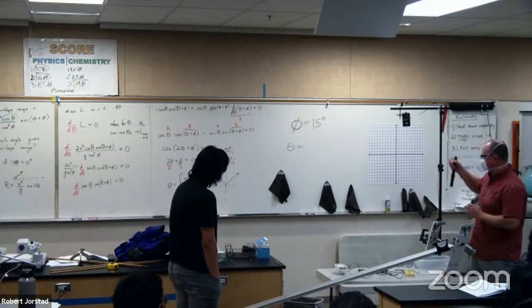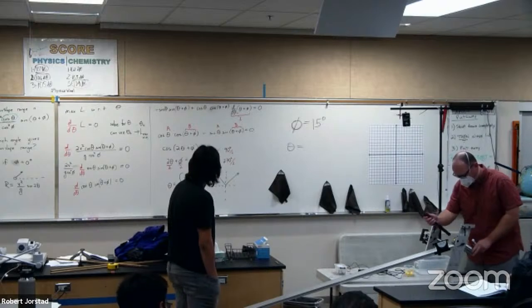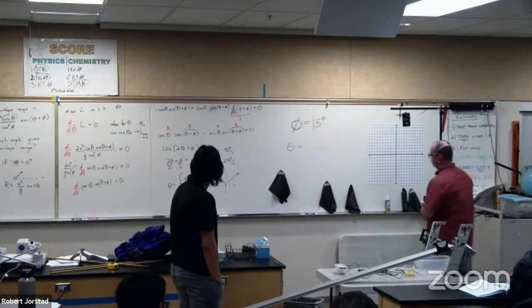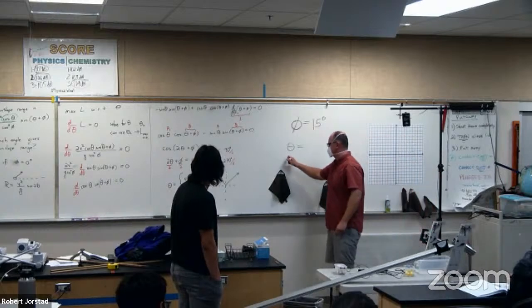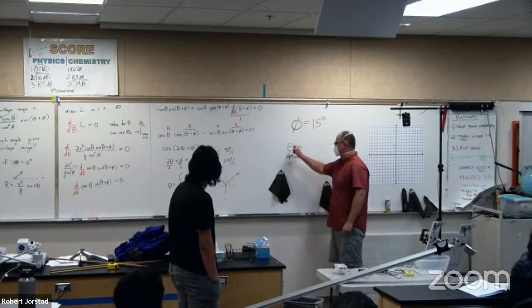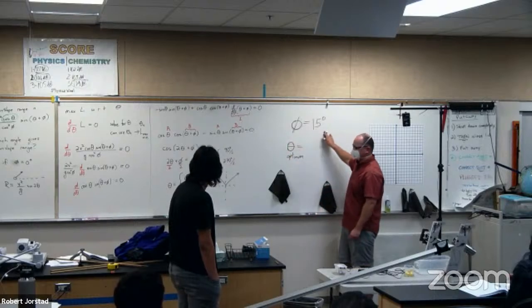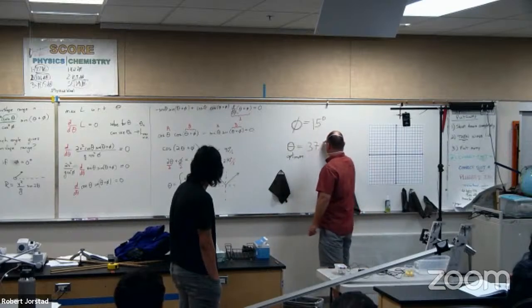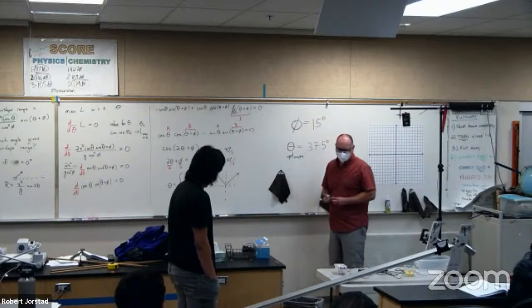Right? If phi is 15, what's the optimum angle for theta? Punch it in. It's 45 minus half of that. What is that? So 37 and a half? Hopefully that's kind of showing up on Zoom.